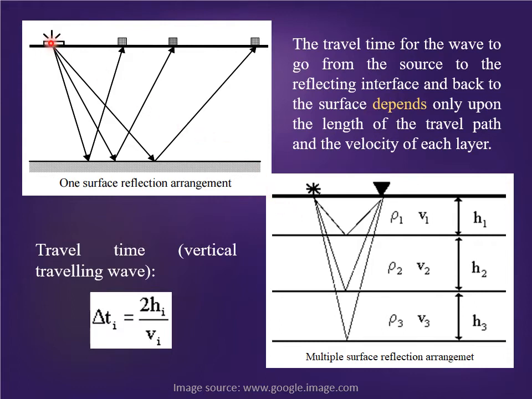Here, at certain points on the surface, sound waves go beneath the surface. When they hit an interface, that is, when this layer changes and another layer comes in, the waves are reflected back to the surface.